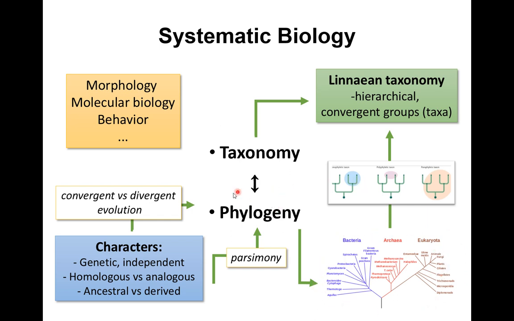And then this phylogeny is used by taxonomy to try to group all different organisms into different groups called taxa, hierarchical groups, as the linear taxonomy uses, right? And this is done by using different types of taxa that can be monophyletic, polyphyletic, or paraphyletic. Okay.